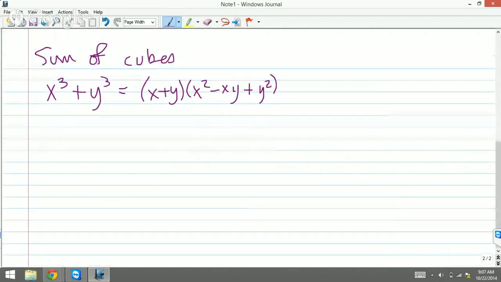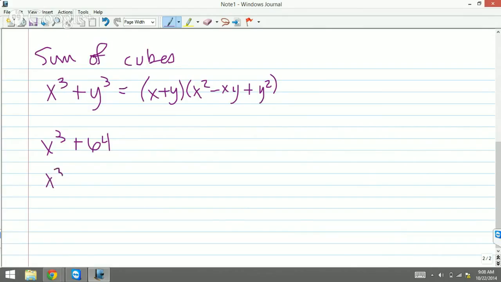So what about this, can I factor that? A squared. We need a cubic. So you have to figure out what number is cubed here. Now go ahead and write that out. I want to see where you're at. X plus 4.